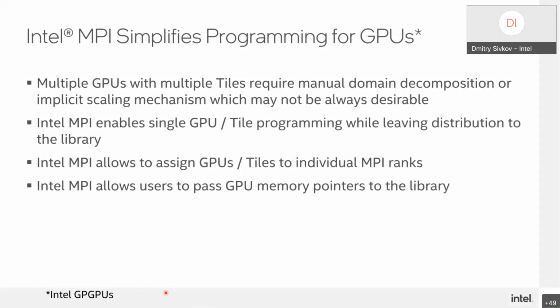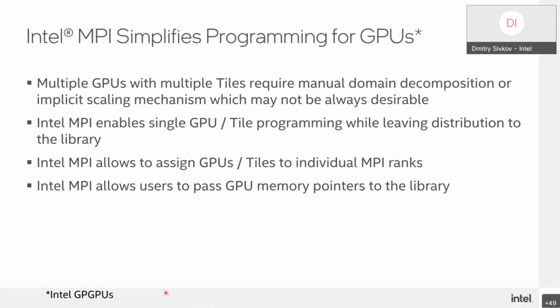With the recent version of Intel MPI, it was announced that multiple GPUs with multiple tiles can be used. Of course, you can use manual decomposition, but Intel MPI has some default settings and provides you the ability to assign different MPI ranks to different GPU tiles and slices.